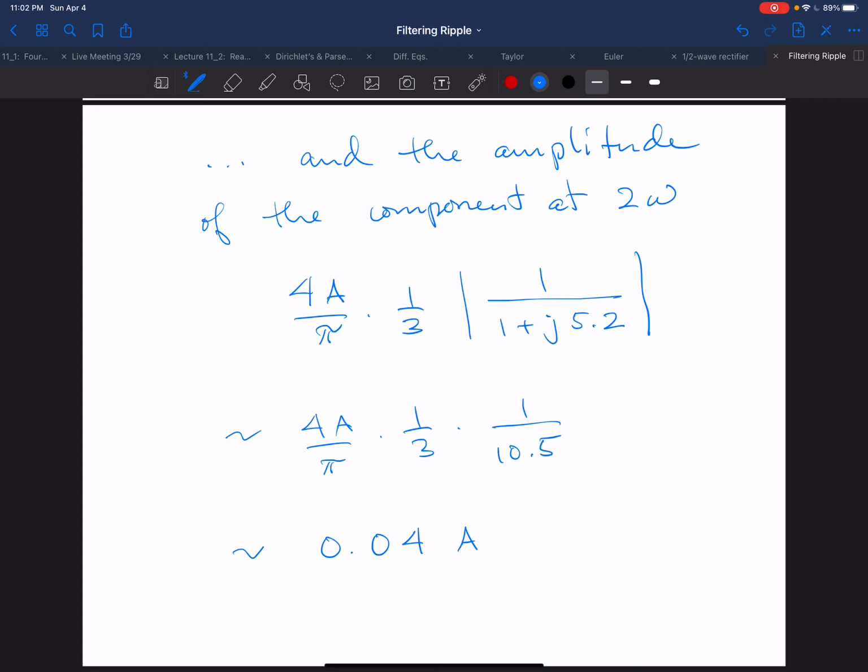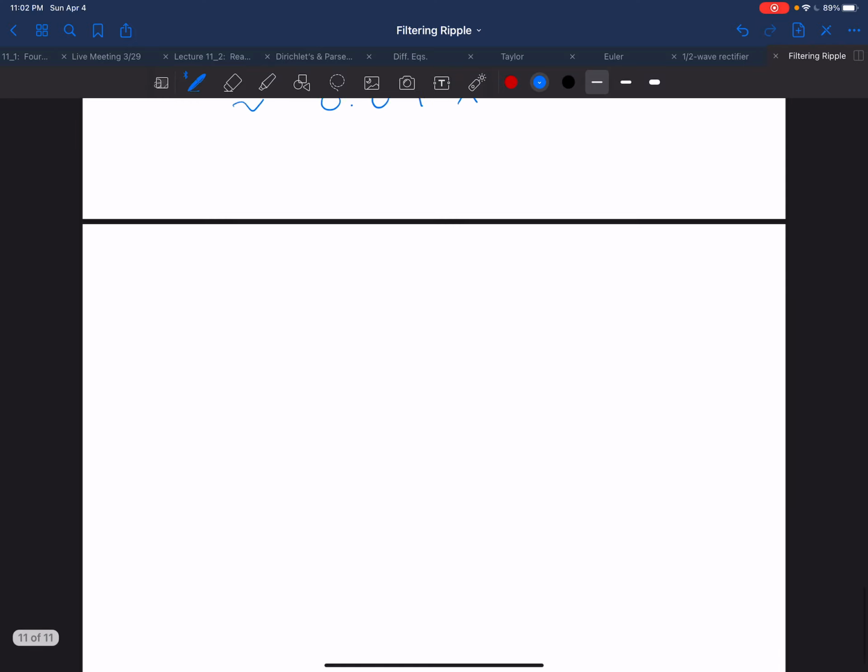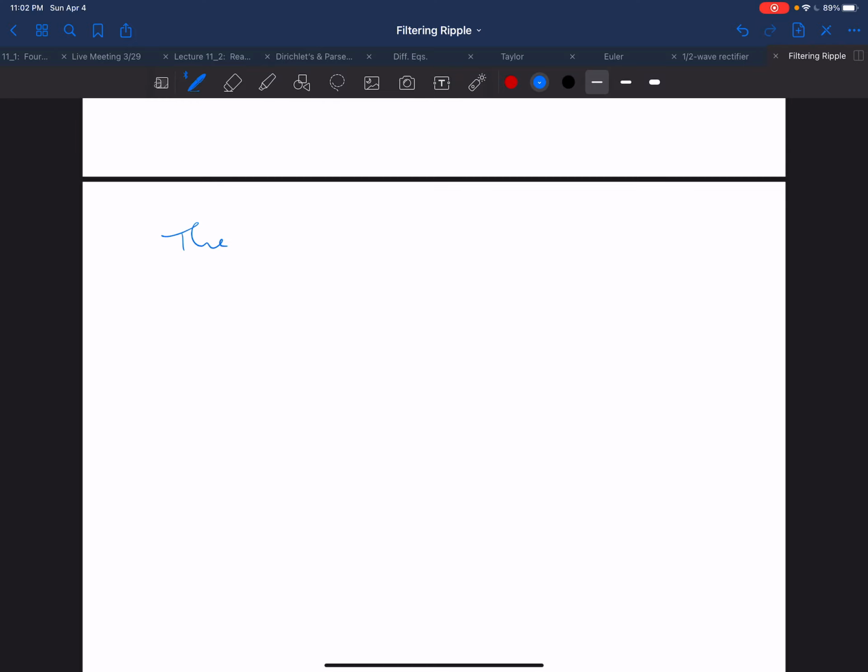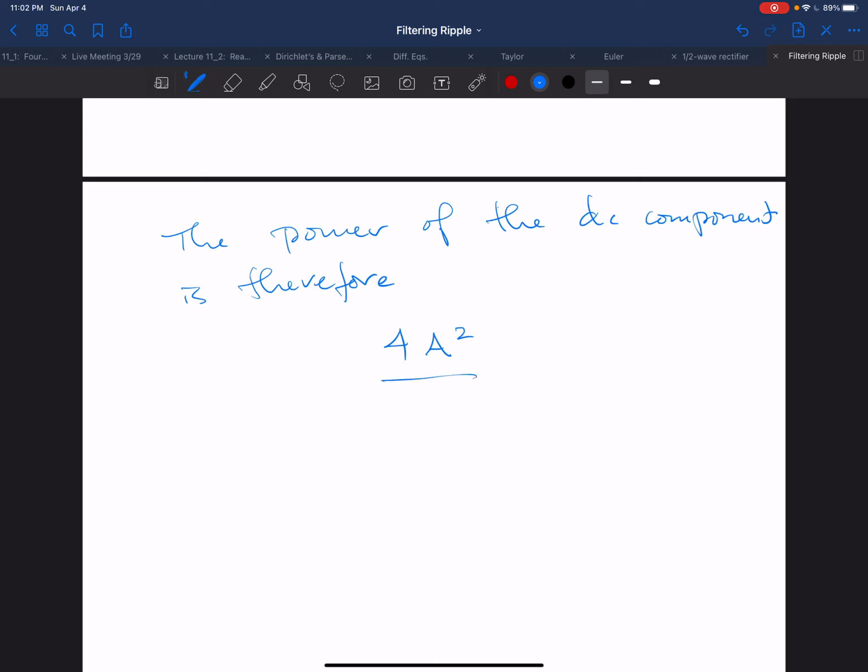So if we compare the powers, the power of the DC component is as it was before. The DC component is 2a over pi, so the power in that DC component is 4a squared over pi squared.